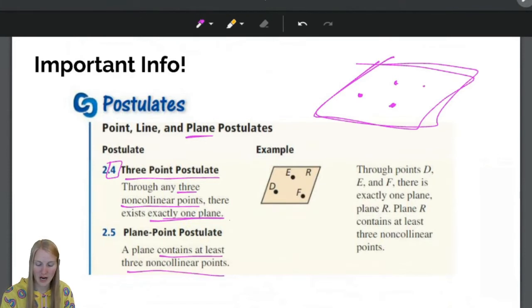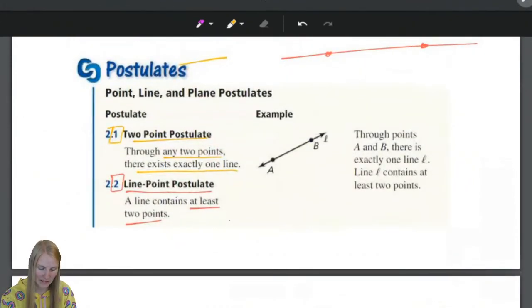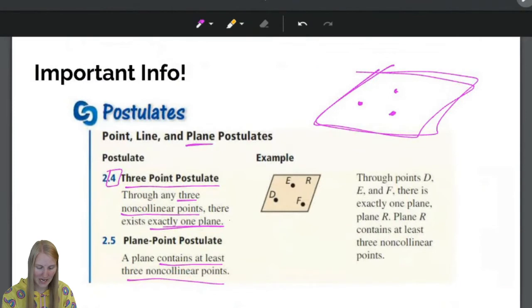So it could have 4, could have 5, could have a million, but it has at least 3 points in it. So these are very similar to the first two that we had. Any 2 points make one line. Any line has 2 points. Now, through any 3 points, there's one plane, and every plane contains at least 3 non-collinear points. And that was postulate number 5.